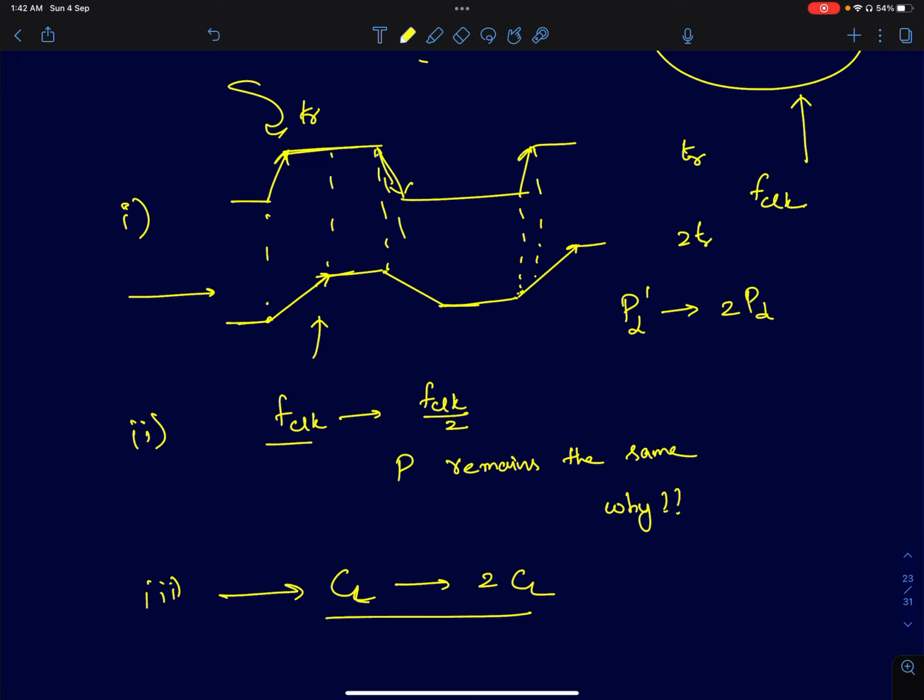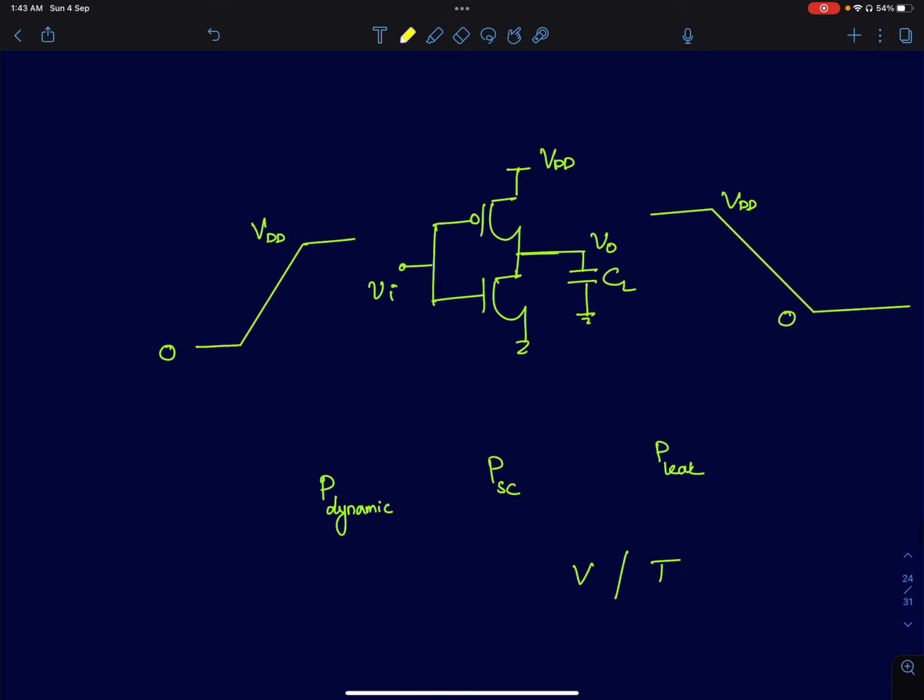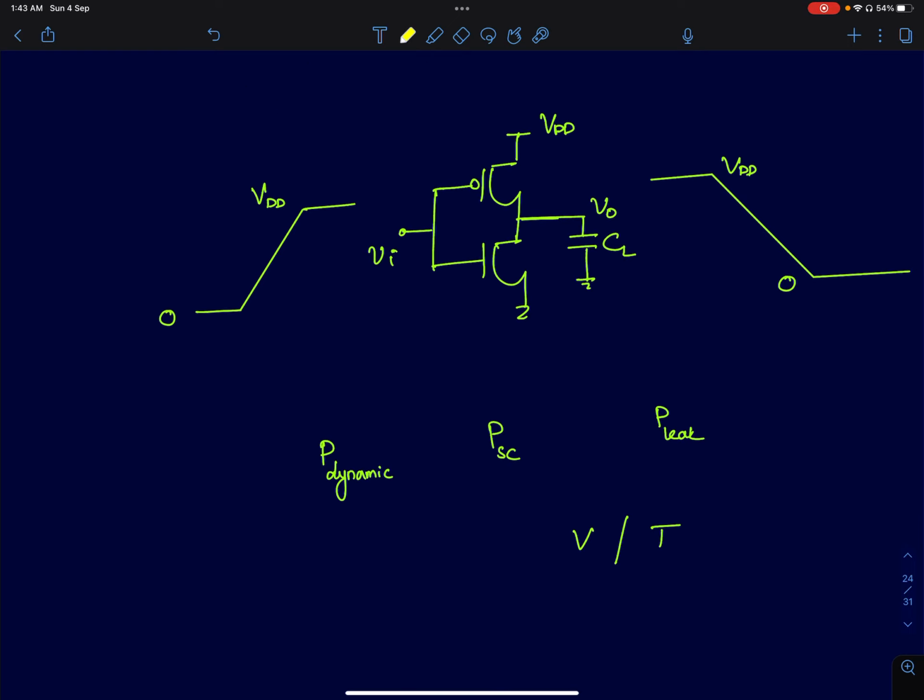Now, to answer these questions, we have to understand the power dissipation mechanisms in a CMOS inverter. In this lecture, and probably in a lecture or two, I'll talk about the different sources of power dissipation in a CMOS inverter and how they change as I change the frequency, load capacitance, or the rise and fall times. When we talk about the power dissipation in the CMOS inverter, there are generally three kinds.